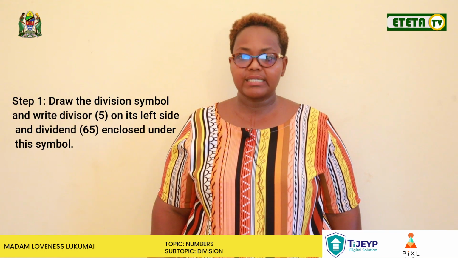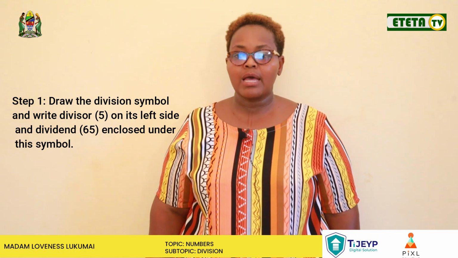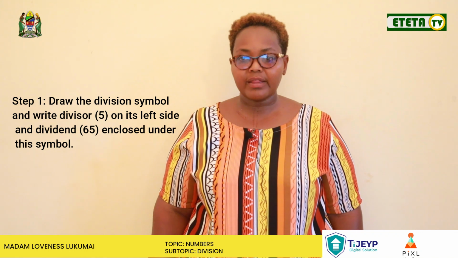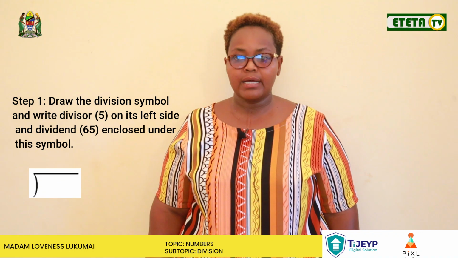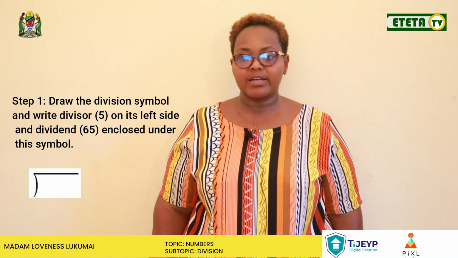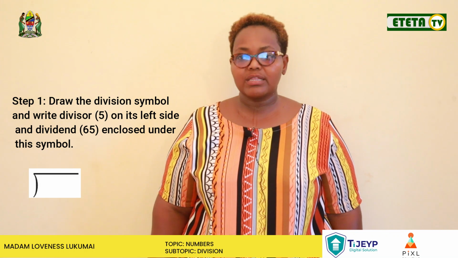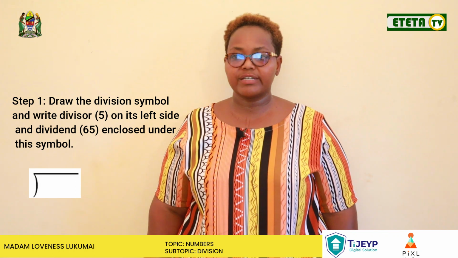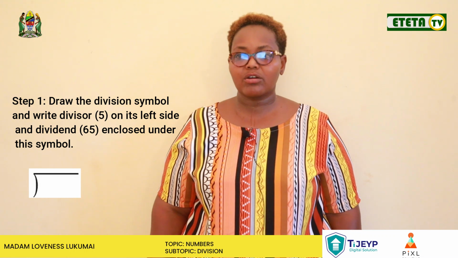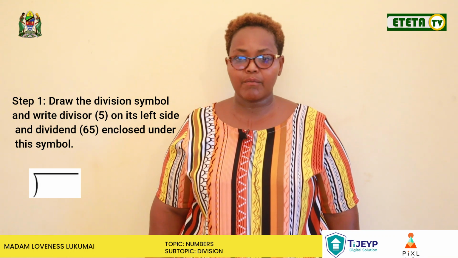Step 1. Draw the division symbol as shown in the previous example, and write 5, the divisor, on the left side of the dividend 65, enclosed under the symbol.